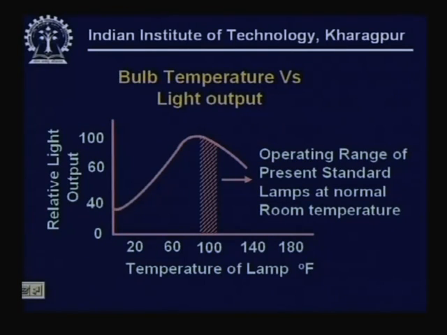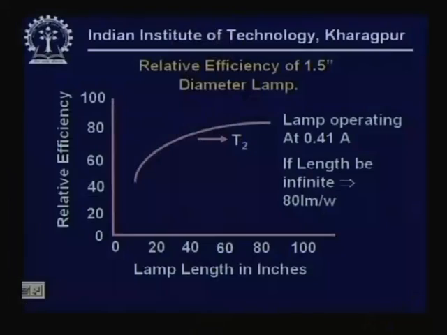This is the bulb temperature which can be felt, and soon we will look into how every watt of electrical energy pumped into this fluorescent lamp gets converted into light and heat, and how it is propagated out or how it is spent. See, this is the efficiency of a 1.5 inch diameter lamp. It is marked T12, and it is believed to be operating at a current of 0.41 amperes.